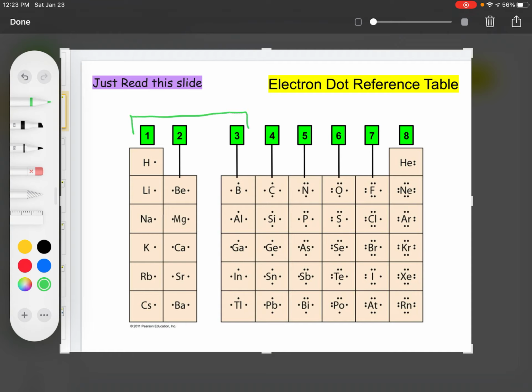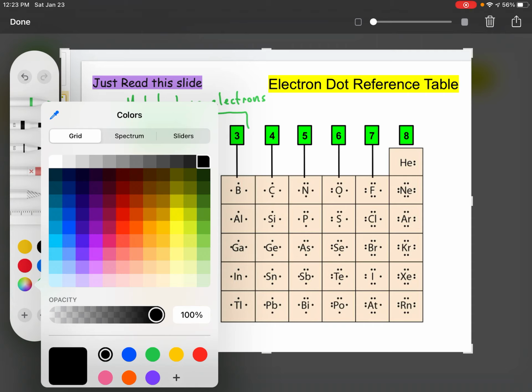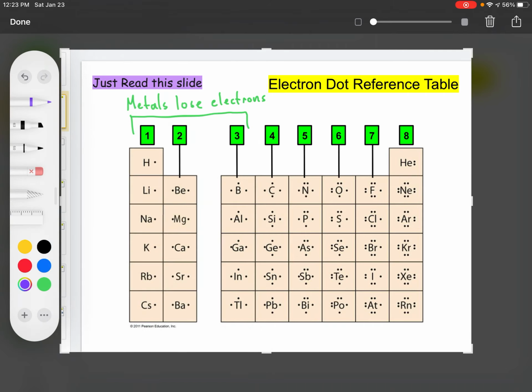So these 3 columns here are metals, and they're going to lose electrons. Okay, the shell underneath becomes the valence electron shell at that point, and it has an octet. All right, and then our nonmetals are going to be groups 5, 6, and 7. Also group 8 and 4 are nonmetals, but they don't do anything to form ions, so I'm just going to leave group 4 out completely.